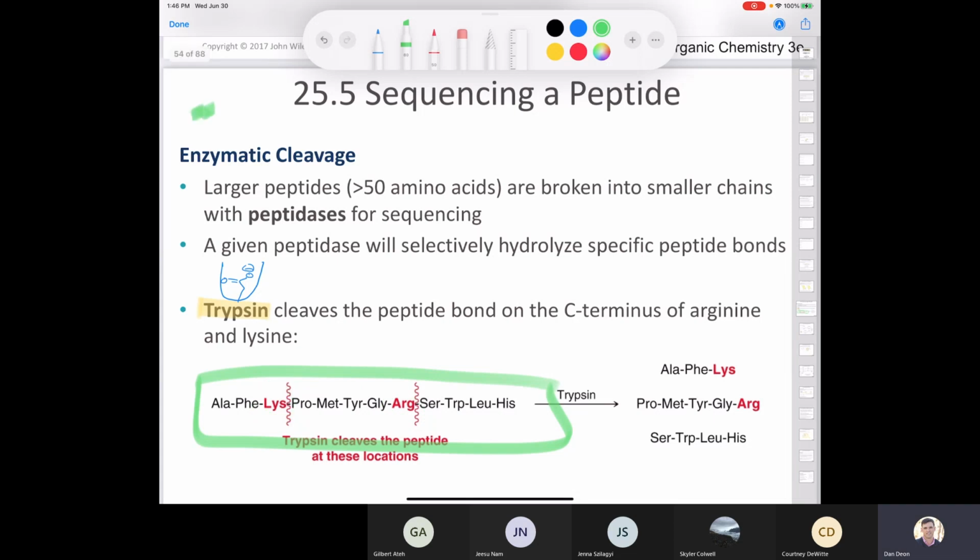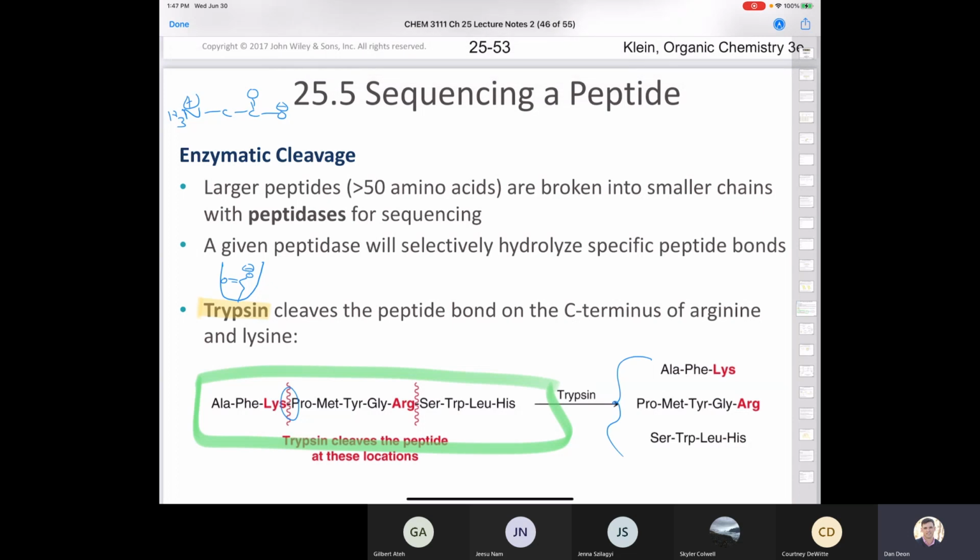Well, we know it goes N, C, carbonyl, our amino acid, doesn't it? Right? So that means it's going to be on the right-hand side of the lysine, so to speak. So you're going to break it there, and then you're going to break it here as well, and then you end up with these 3 fragments here.